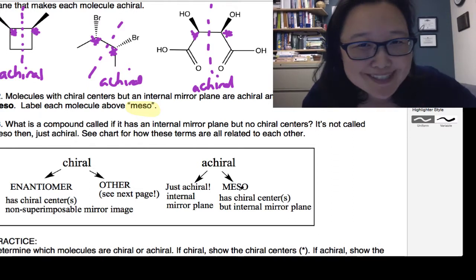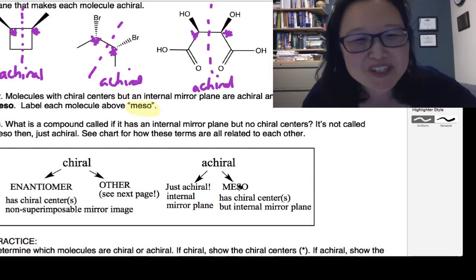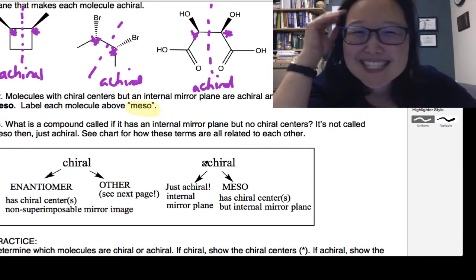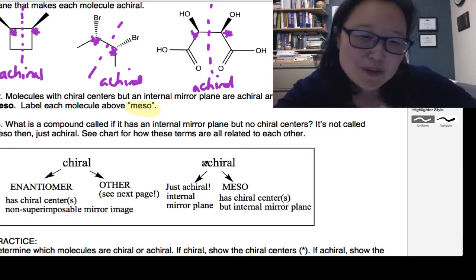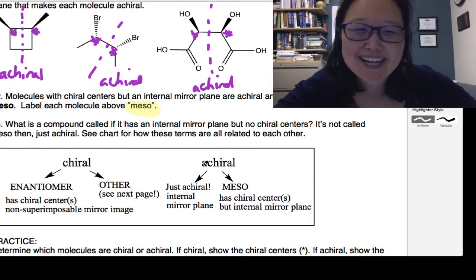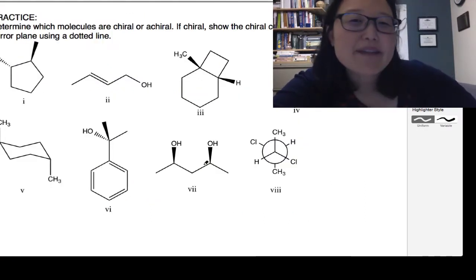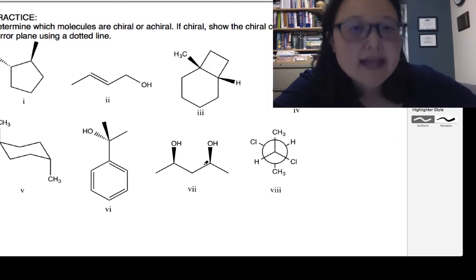These are all vocab words that are very helpful. So learn chiral versus achiral. Get it in your head, which is symmetric, which is asymmetric. Enantiomer, meso.